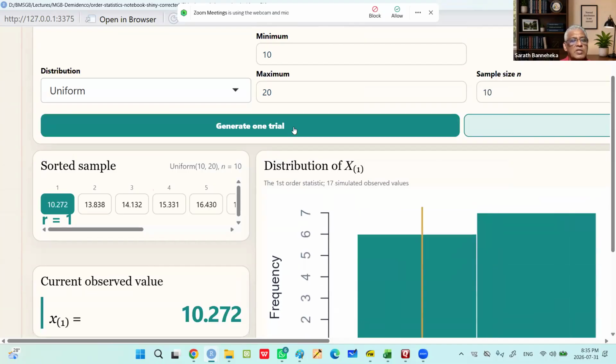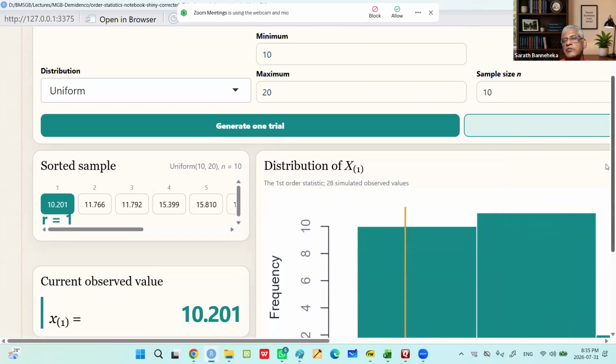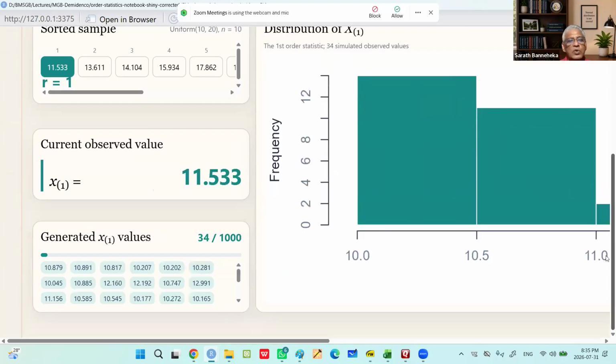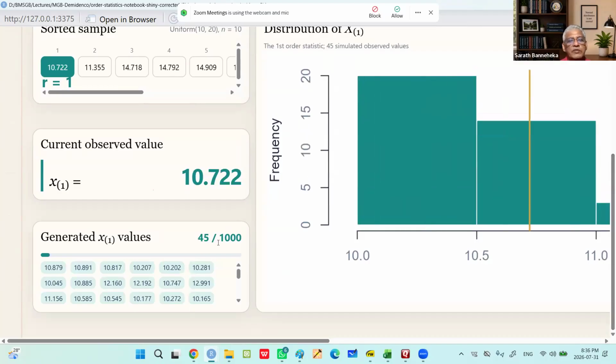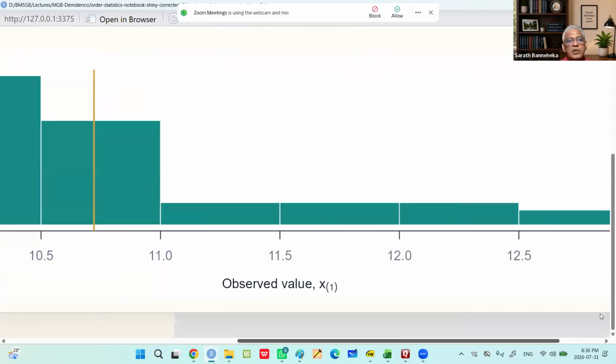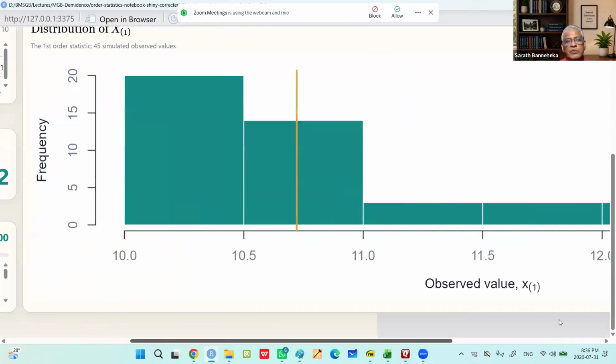So each time I will take a sample of size 10, put them in the increasing order and take the first value. Right? So at the moment I have about 45 values generated. So those 45 values came from 45 samples, and at the moment this is the shape of the histogram of those 45 values.